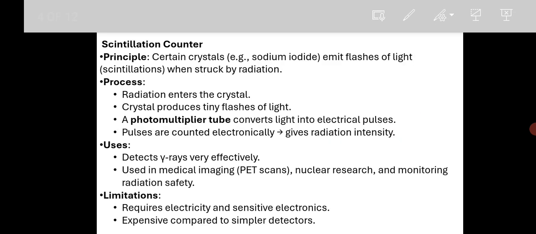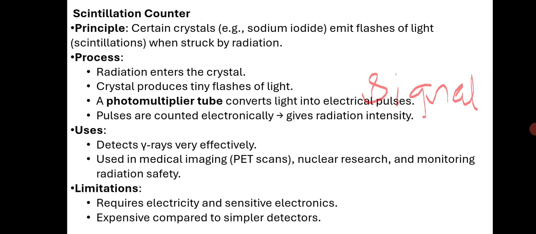Another word for these pulses is signals. And the pulses or the signals are counted electronically, giving the amount of radiation which is being detected.